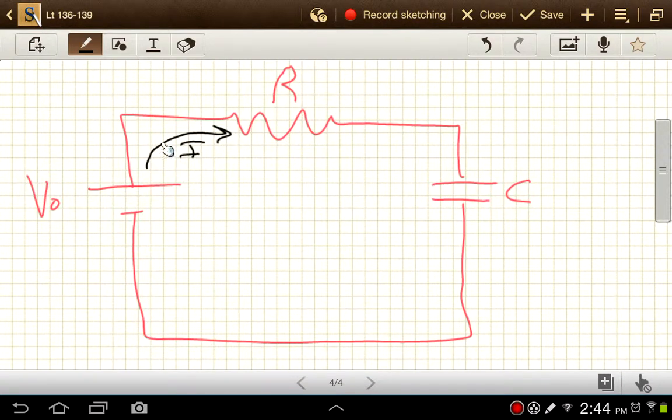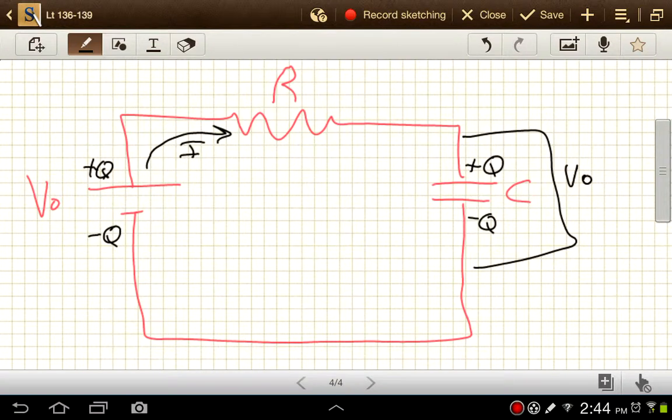We'll have current continue to flow this way right up until we have the same excess charge over here as we have here, and the same excess charge down here as we have down here. And that is true whether we have the resistor or not here. So that current will flow until there's a voltage difference here of V naught, or a potential difference of V naught there.